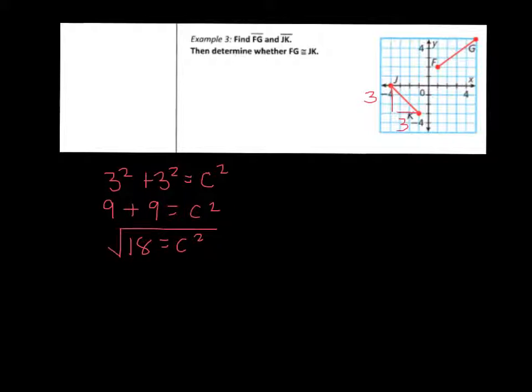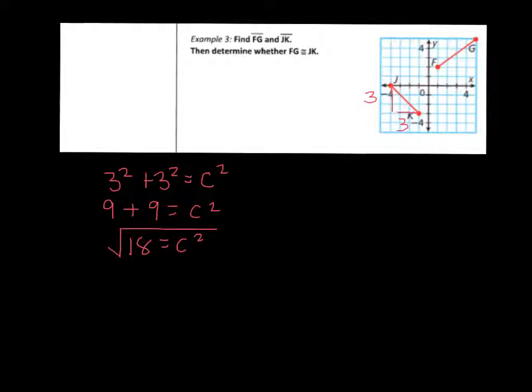So I can say that 3 squared plus 3 squared should give me the length of JK, which I'm going to call c squared right now. 3 squared is 9, plus 9 should be equal to c squared. 9 plus 9 is 18. If I'm trying to find the value of c, I need to take the square root of that.